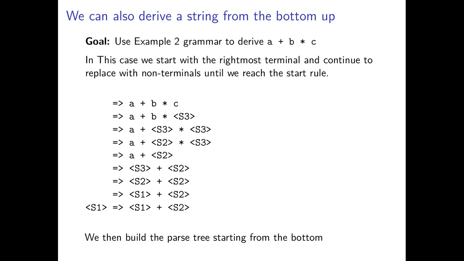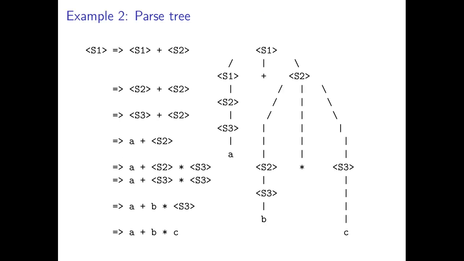So we can go from the string to the start rule, or we can go from the start rule to the string. Either way, we can build the parse tree the same way as we did before, which will be the same derivation that we saw, except we're going to flip the derivation.